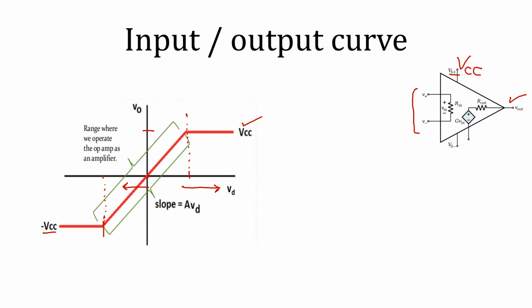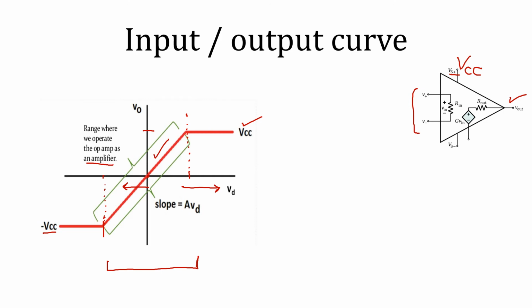If we talk about amplification, this particular region is the amplification region, where we get a constant slope between VD and V out. Whenever the op-amp operates as an amplifier, it should work in this particular range of VD only.